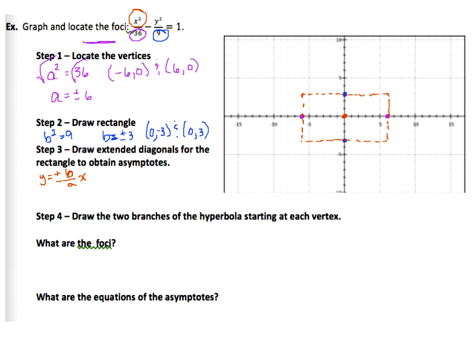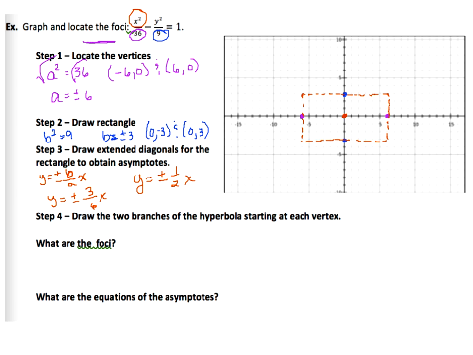So positive and negative b over a are my slopes of those diagonal lines. In this case, I have y equals positive and negative 3 over 6x, which means I have y equals positive negative 1/2 x.